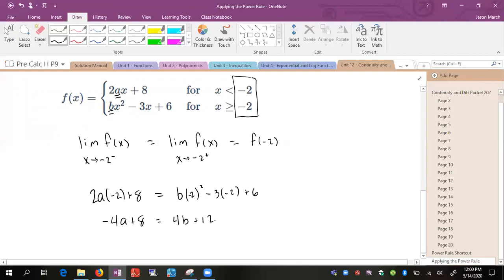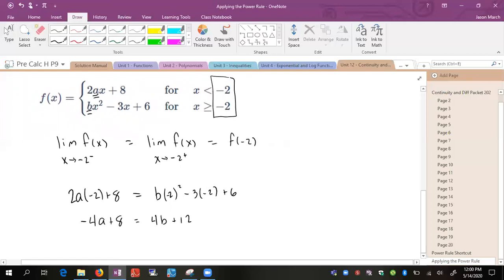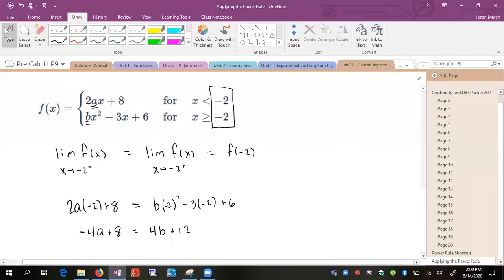So now the differentiability piece comes into play where we have to get the derivatives of the left and the right to be the same. So we need the limit of f prime of x to equal the limit of f prime of x. And again, we're doing this from -2 from the left and -2 from the right.